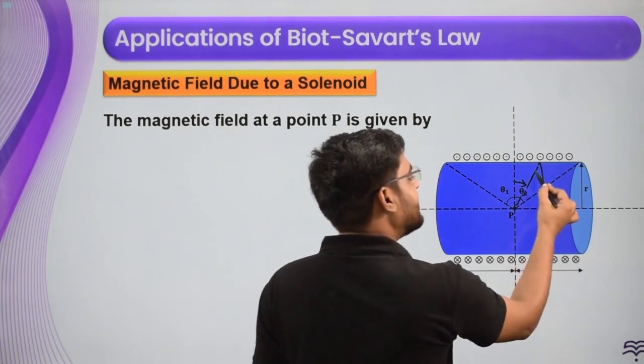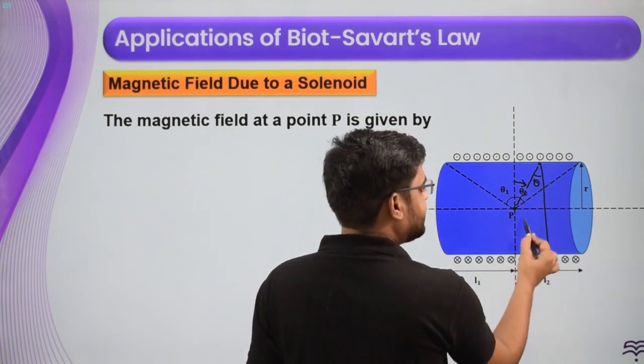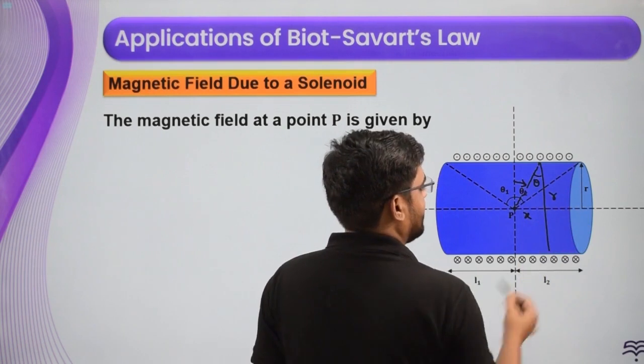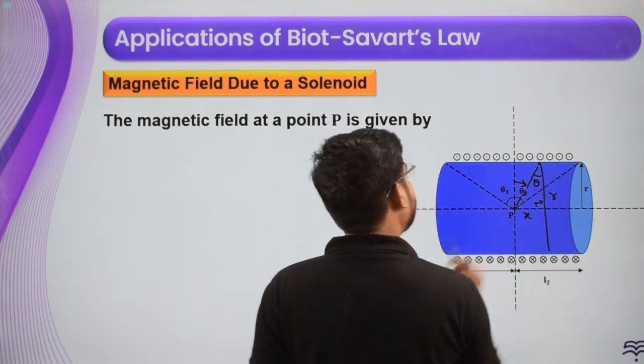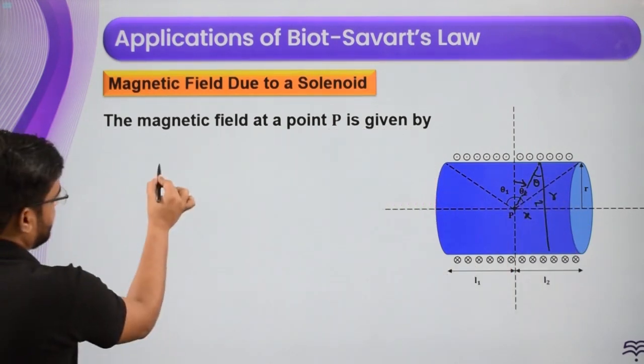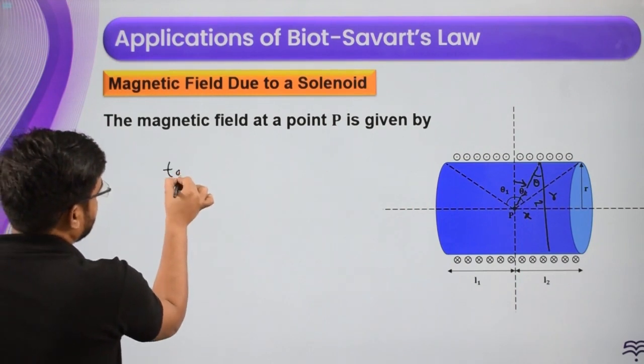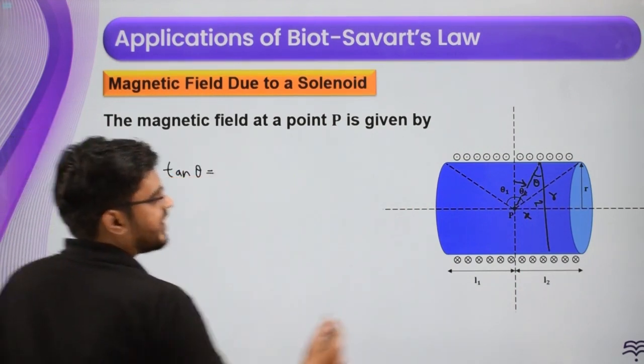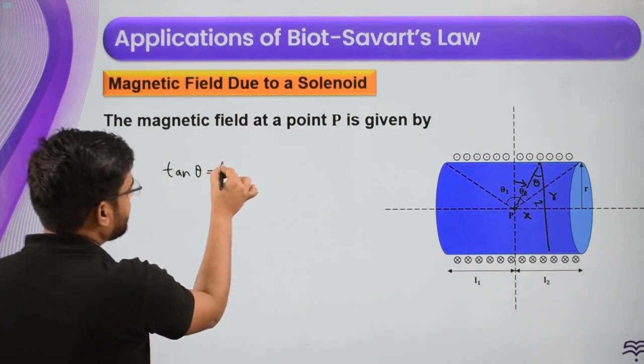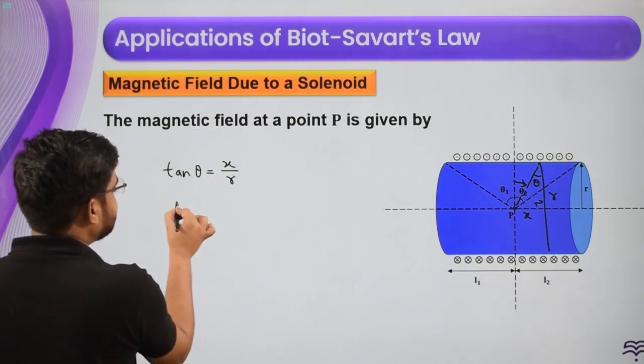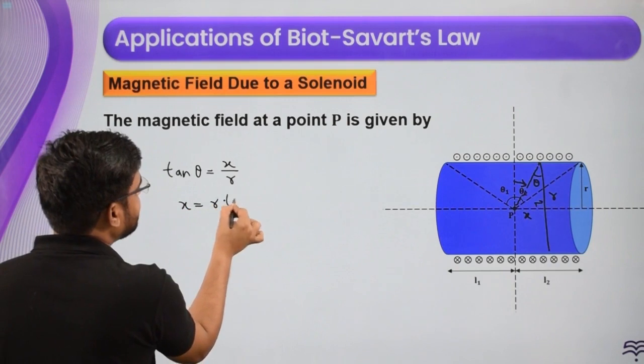If this is theta, then this is also theta. This is my x, this is my r, and this is a right angle. So tan theta is nothing but opposite over adjacent, which is x by r. And that way I can say that x is nothing but r tan theta.